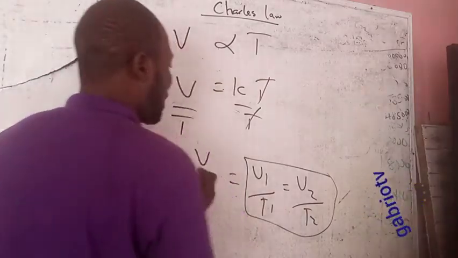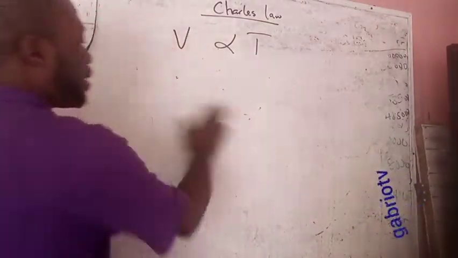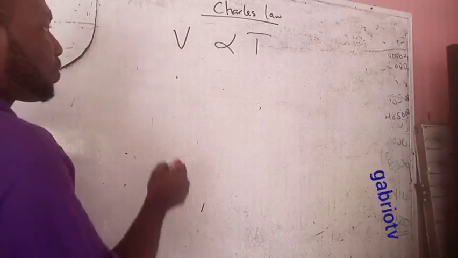So what I'm going to do now is to write out the law, and we have a mathematical interpretation of the Charles law.